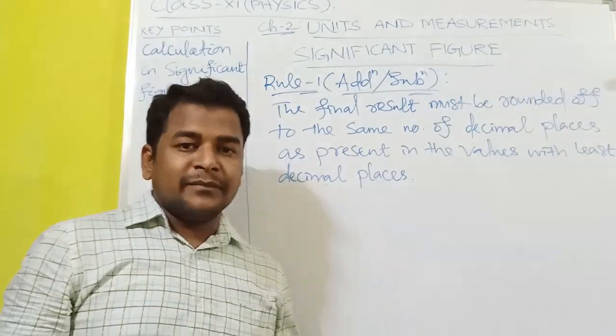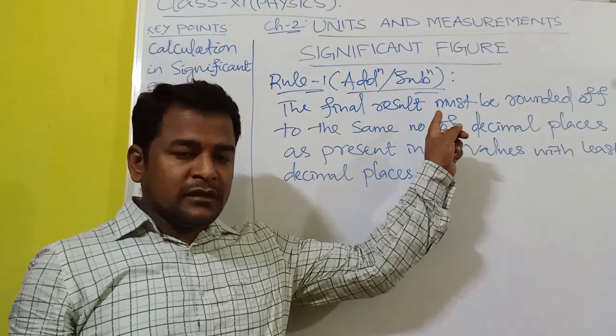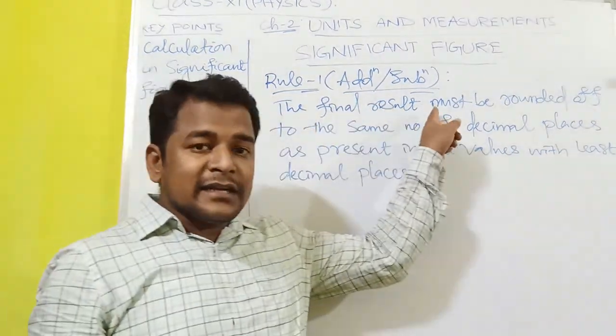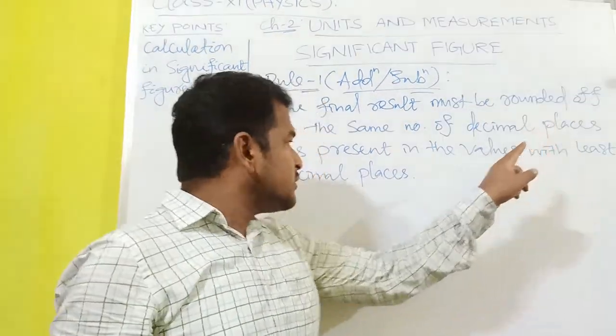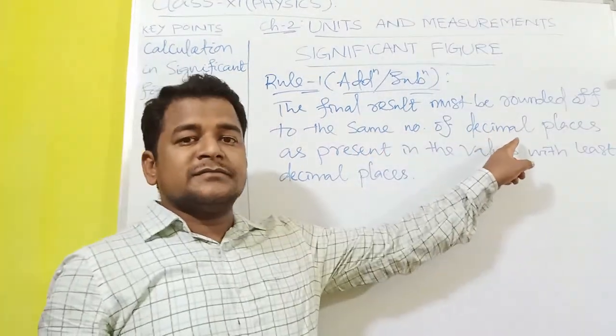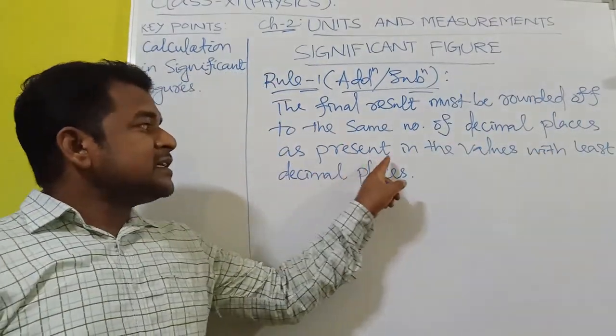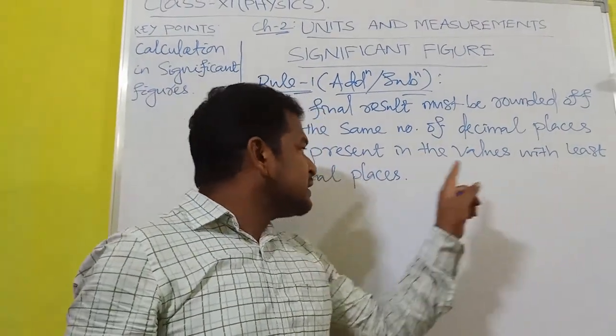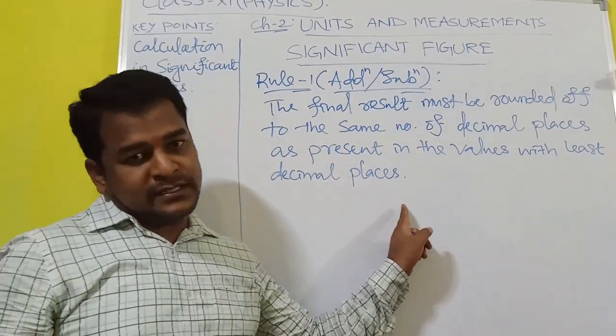Rule number 1 is applicable for addition and subtraction. It states that the final result must be rounded off to the same number of decimal places as present in the values with least decimal places.